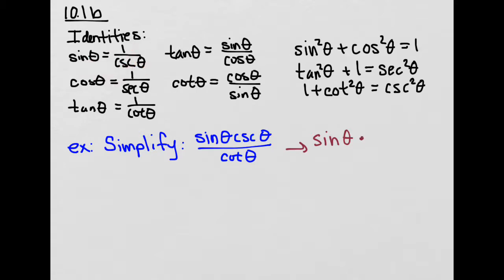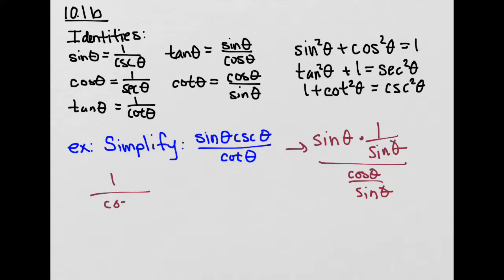So let's go ahead and rewrite that. 1 over sine theta. And cotangent is cosine theta over sine theta. Now you'll notice that on the top we get sine theta over sine theta, and that'll cancel to be just 1.